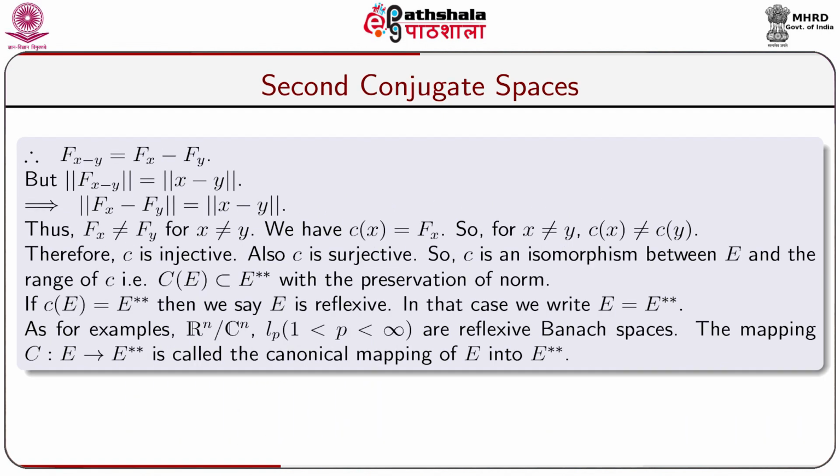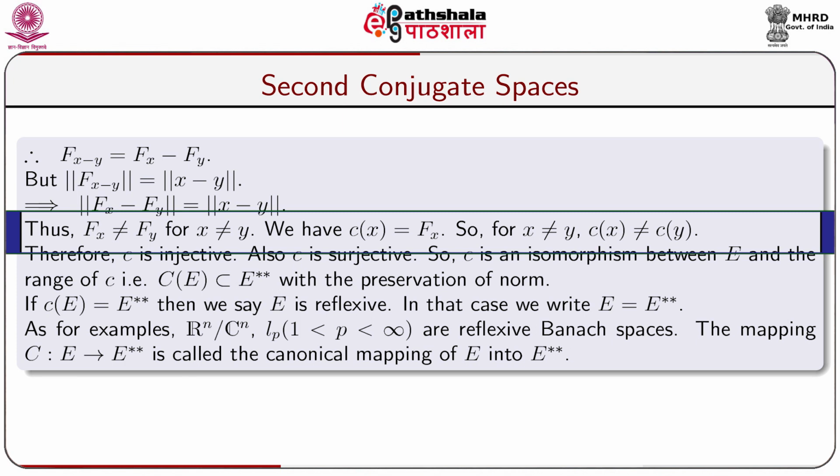Therefore, F(x − y) equals Fx − Fy, that is capital F(x − y) equals capital Fx minus capital Fy. But norm of capital F(x − y) equals norm x minus y. This implies norm of capital Fx minus capital Fy equals norm x minus y.